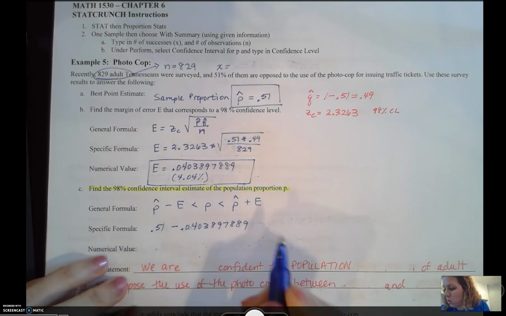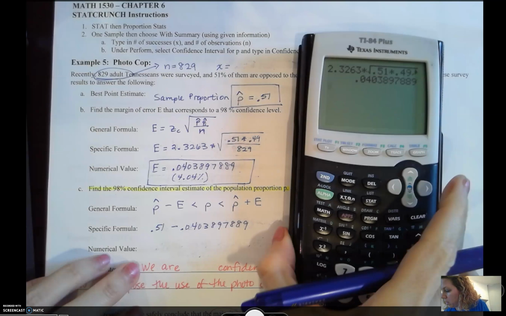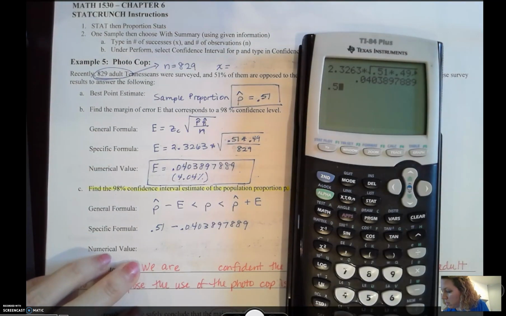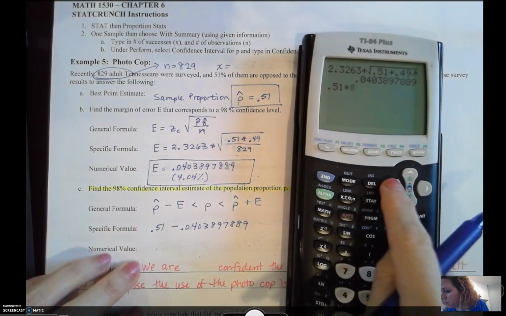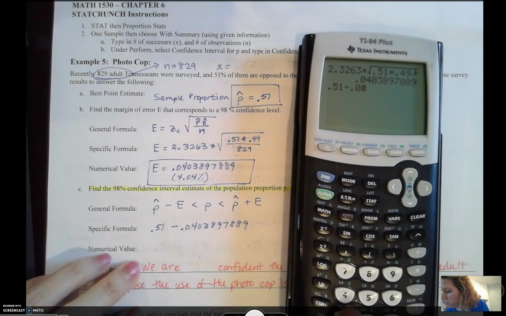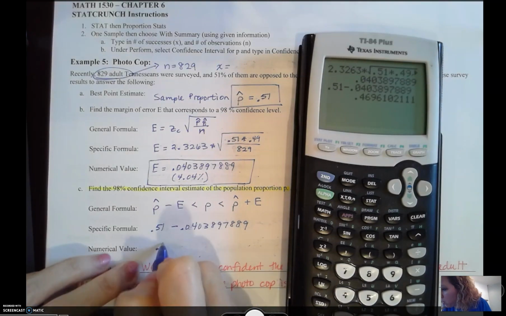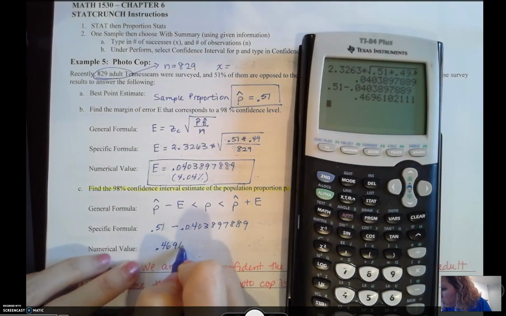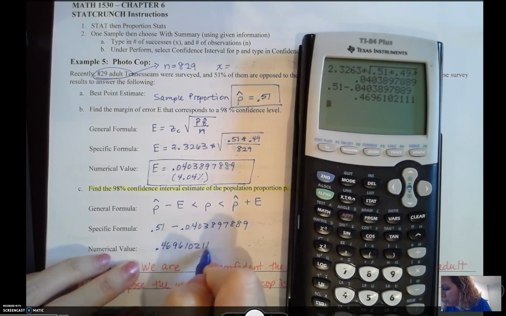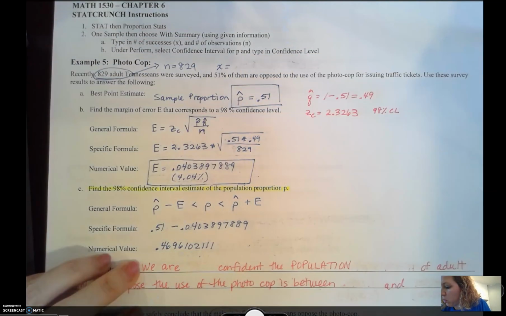That will give us our lower limit. Let's go ahead and calculate that out. 0.51 minus 0.04038978889. So our lower limit will be 0.469610211. Okay, that's our lower limit.